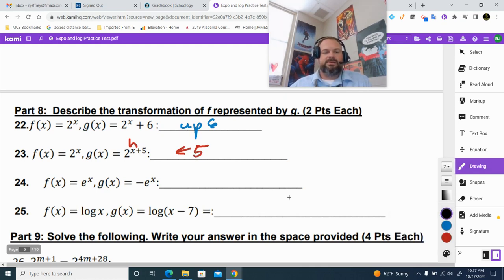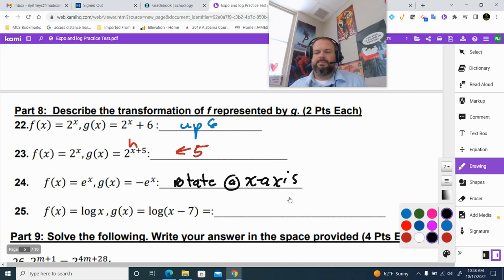We got a negative right here, so this is a rotation or flip over the x-axis. And then this one, we have a -7 in here. Again, this is our h value. This would be right 7.